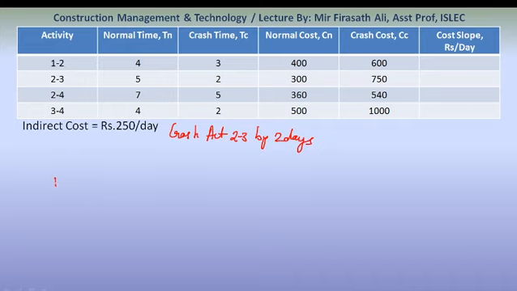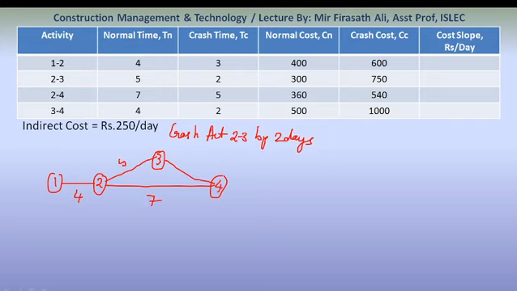So the critical path 1, 2, 3, 4 remains the same. Earlier this was 5, now we are crashing it by 2 days. Activity 3 to 4 remains the same at 4 days.